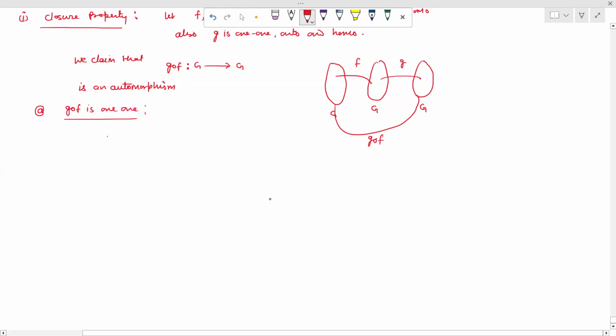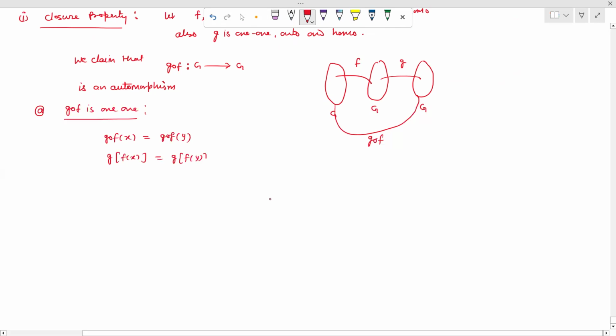So we can take G composition F of X equal to G composition F of Y, two elements. This can be written as G of Fx equal to G of Fy.